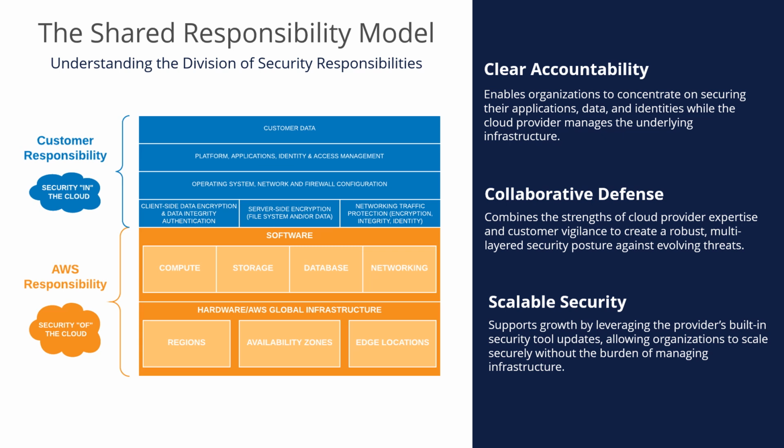On the other hand, customers are responsible for security in the cloud, which includes safeguarding their data, applications, and configurations. This approach allows both parties to focus on what they do best while still ensuring a comprehensive security environment. AWS provides tools and services to help customers meet their security responsibilities.